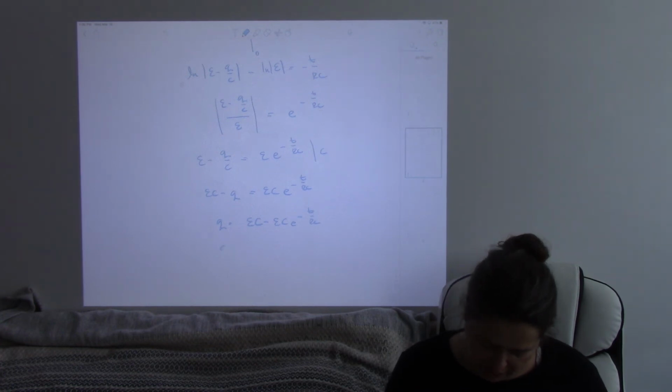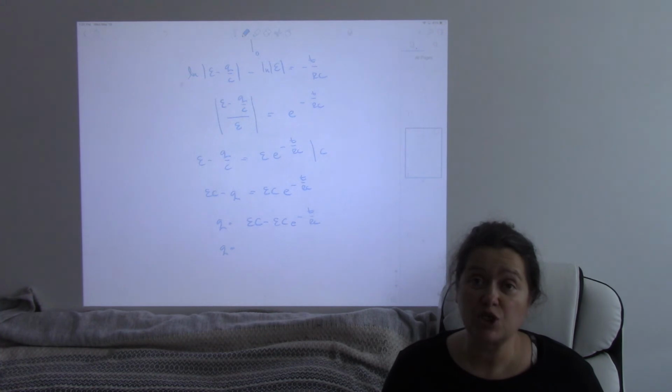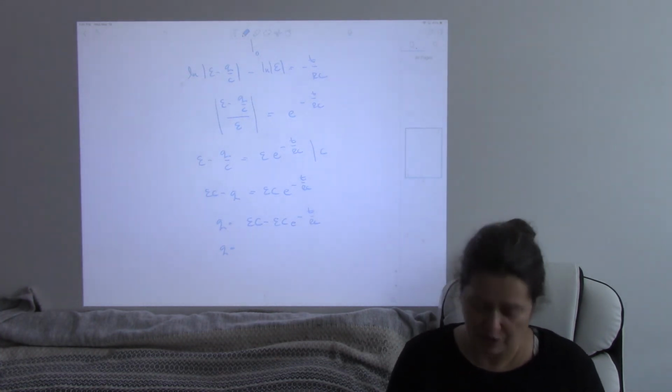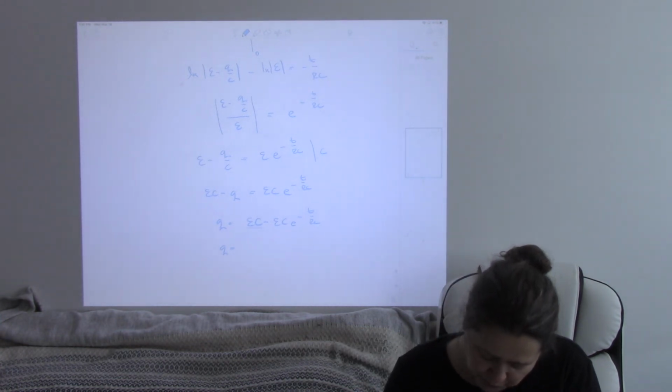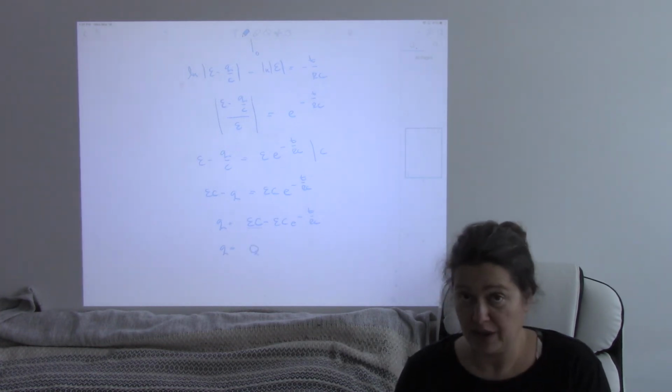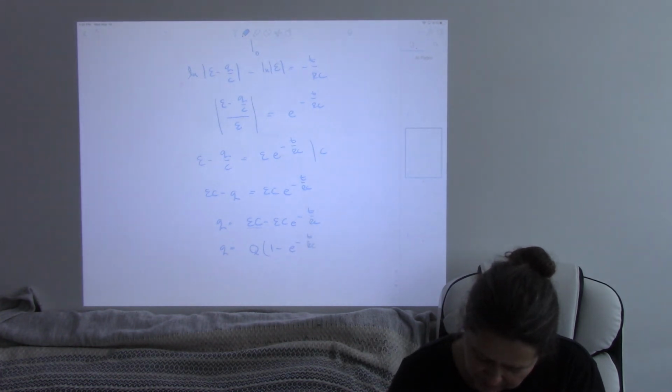And if you remember how we define C as Q over the voltage, we can say that EC is our Q final, not Q initial, because initially we have no Q, multiplied by 1 minus e to the power of negative t over RC.